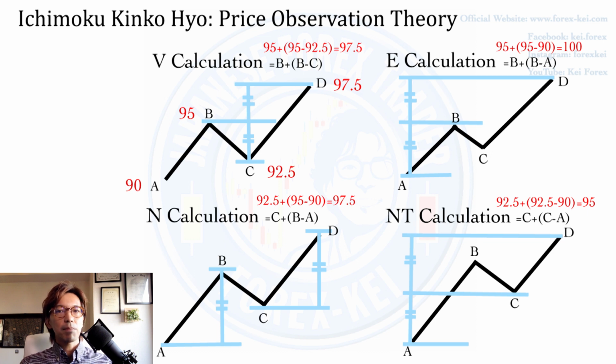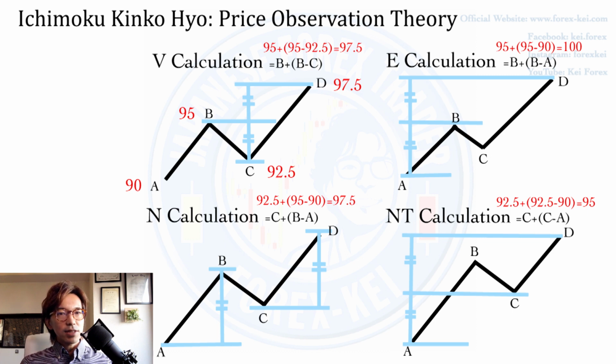Simply you add the pips 2 times or 3 times to get the target D. Or another variation is called half price calculation, in which you take the price of V or E or N calculation and add them up and divide it by 2. But these are kind of applied versions, so I'm not going into details this time. I'm just introducing them for your information.